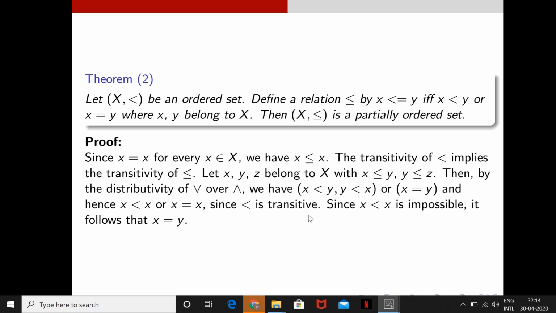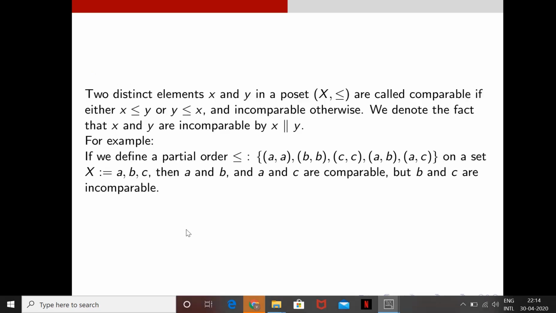Now as you all know, x cannot be greater than or equal to x is not equal to x. This is impossible, which simply follows that x is equal to y. So this is how we prove theorem 2, and now let's move ahead. Now I will talk about what are comparable posets and incomparable posets.